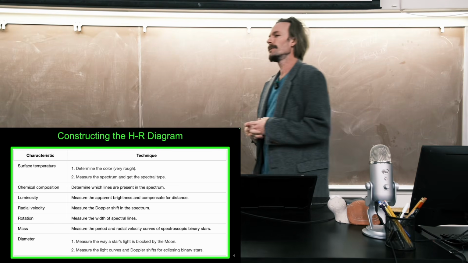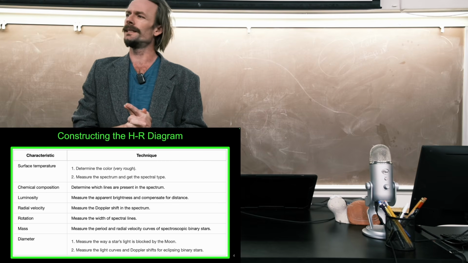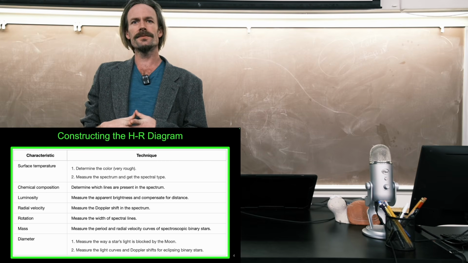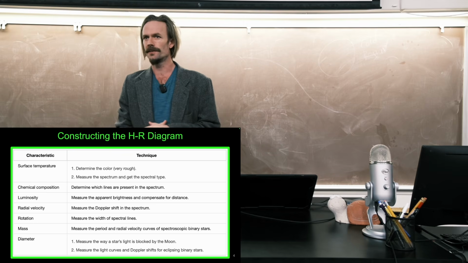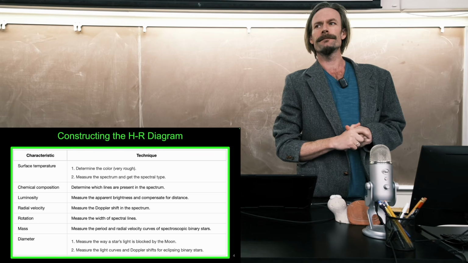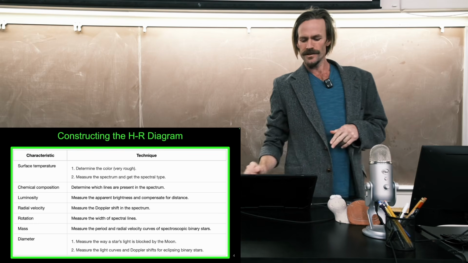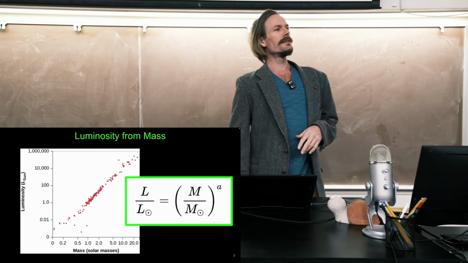So does anybody remember from last time where we get the luminosity for a lot of these bodies from? There was a very famous equation. I don't expect you to remember it, but there was a very famous relationship from Arthur Eddington. Does anybody remember this? It's okay. I have a slide of it. Okay.